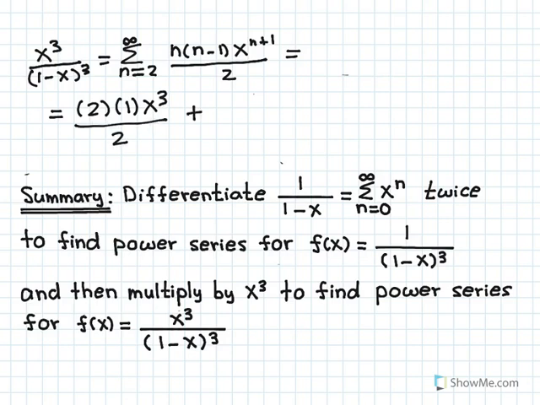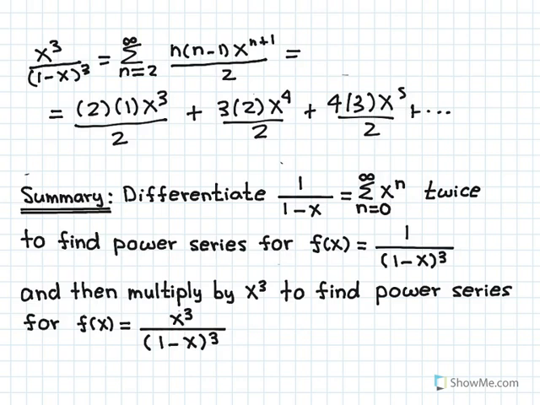The next term will be plugging n equals 3. So we get 3 times 2, x to the power of 4, divided by 2. Plus, now plug in n equals 4. We're going to get 4 times 3, x to the power of 5, divided by 2, and so on. And the radius of convergence of this series is r equals 1. That means this series converges for all values of x less than 1, larger than negative 1.